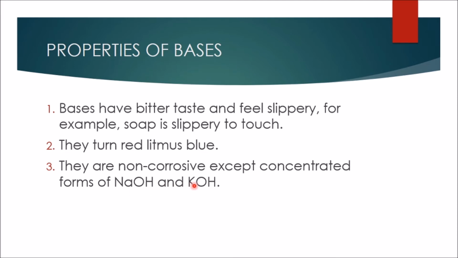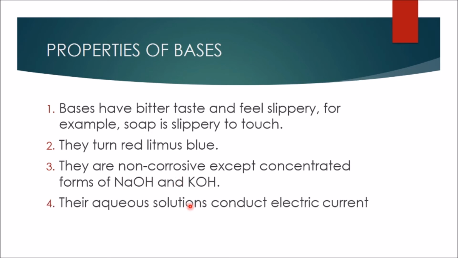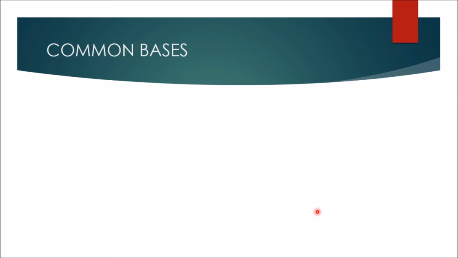If they are poured onto your skin, they can burn your skin as well. Okay, so in most of the cases bases are non-corrosive. Their aqueous solutions also conduct electric current just like acids. Bases are also good conductors and they are also electrolytes, and that is why they conduct electric current.